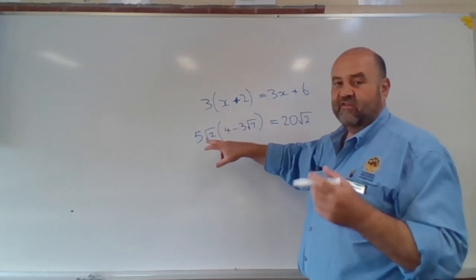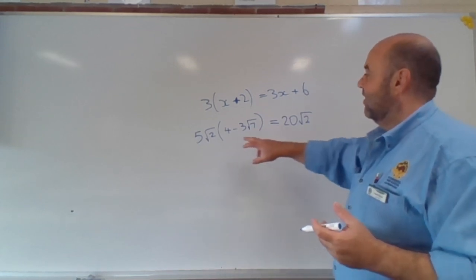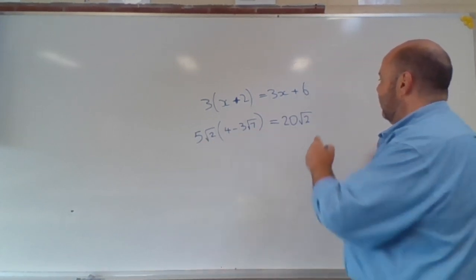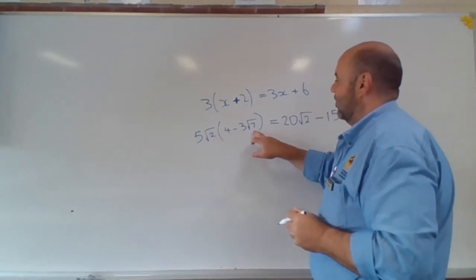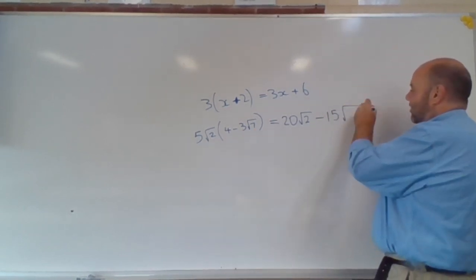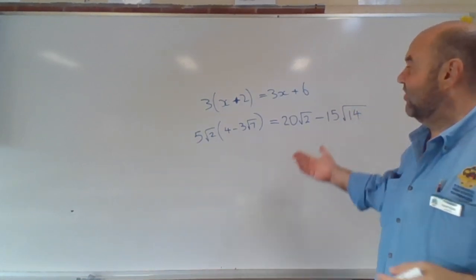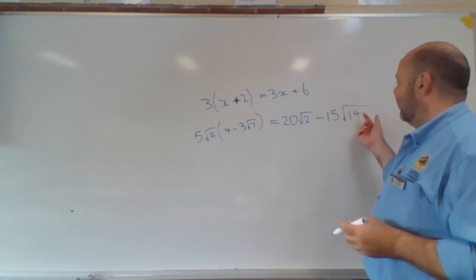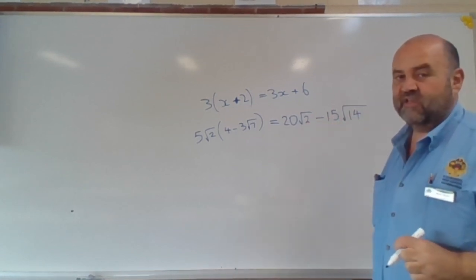And inside the radical sign, the 2 and the 7 can multiply. So 5 times negative 3 is negative 15, and 2 times 7 is 14. There's nothing there that I can simplify. There's no square numbers that go into 14. There's no square numbers that go into 2. So that's that question done.